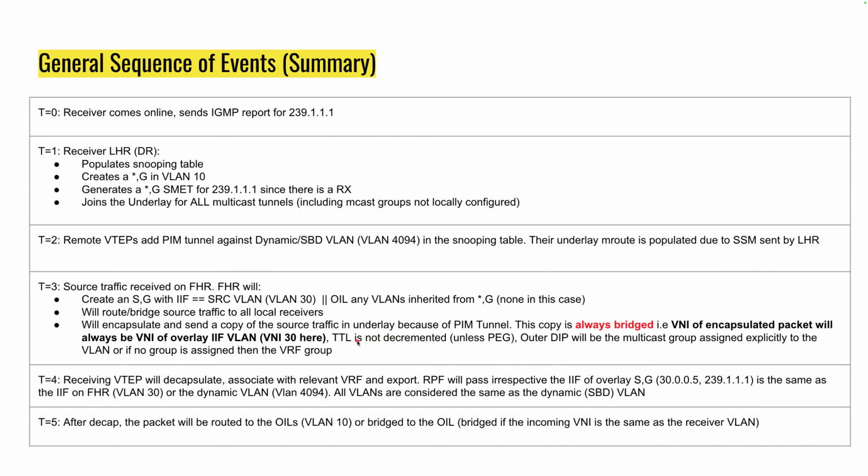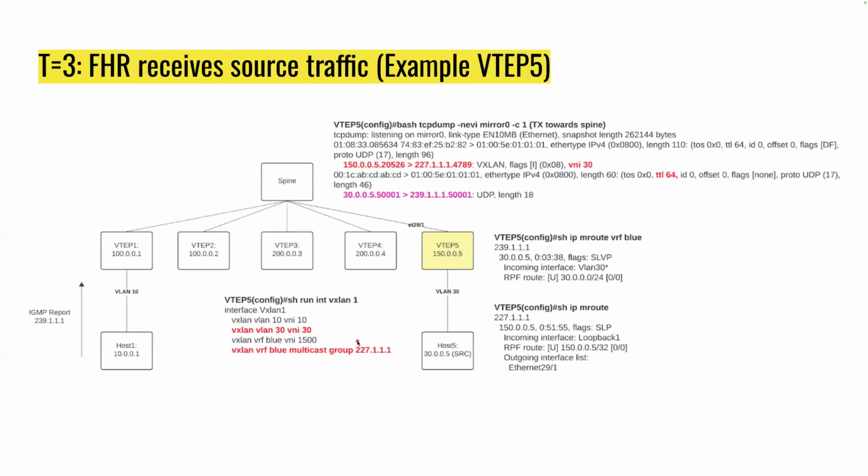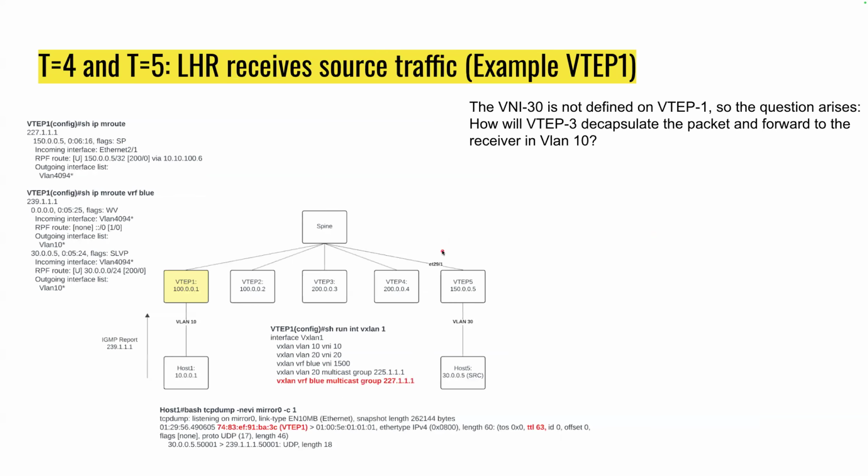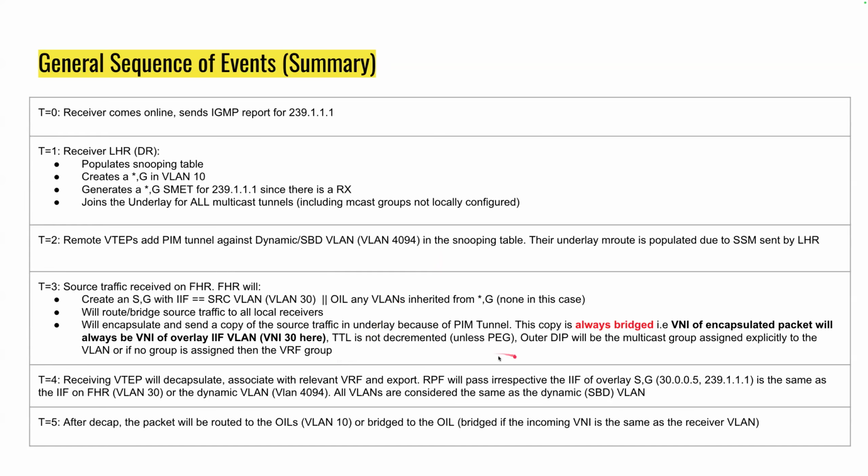But in this case, the TTL is not decremented, like we saw here. The TTL was 64 even when the packet is going out of the spine. The outer DIP will be the multicast group assigned explicitly to the VLAN, or if there is no configuration per VLAN, it would use the per-VRF groups.